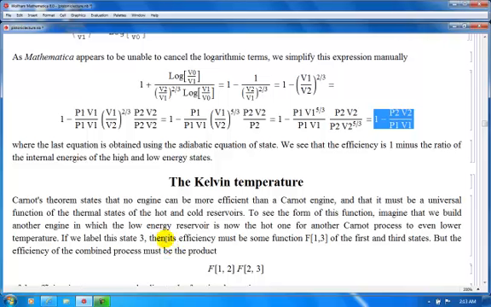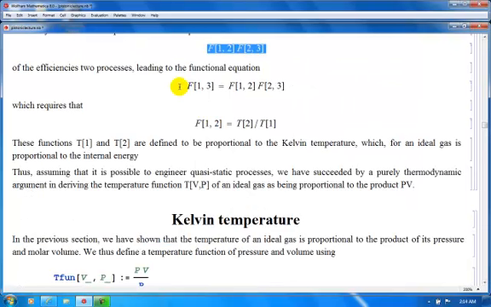If we label this state 3, then its efficiency must be some function F13 of the first and third states, because we traverse the intermediate state twice in the opposite direction. But the efficiency of the combined process must be the product of the efficiencies of the two processes. So we end up with this equation that F13 is equal to F12 F23.